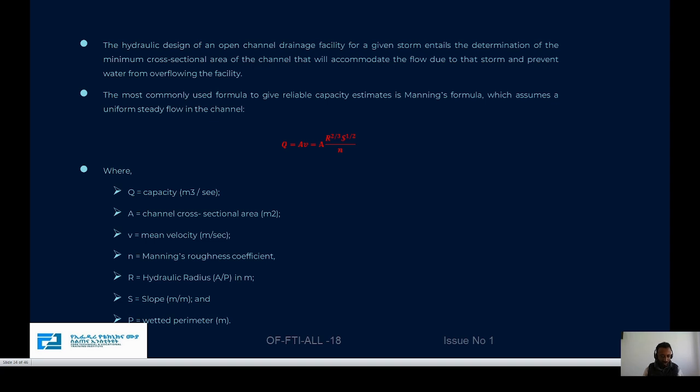The velocity is obtained from R to the power of two-thirds, where R is the hydraulic radius, times the square root of the slope, over n. n means the Manning roughness coefficient. This Manning coefficient is empirical, a given value, and is related to the material of the bed.